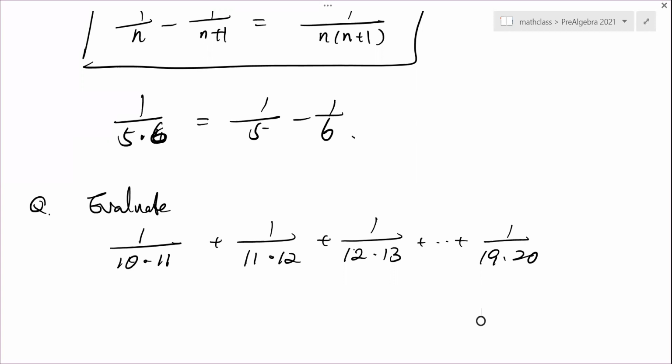I didn't list all the 10 terms, but you have 10 terms here, 10 fractions. Anyone has answers now?